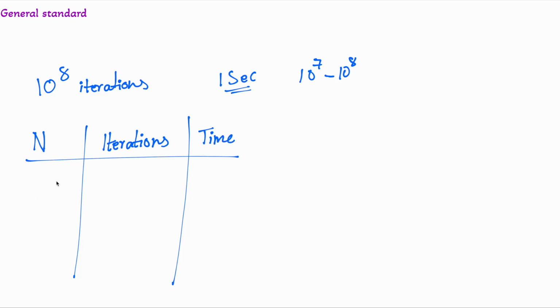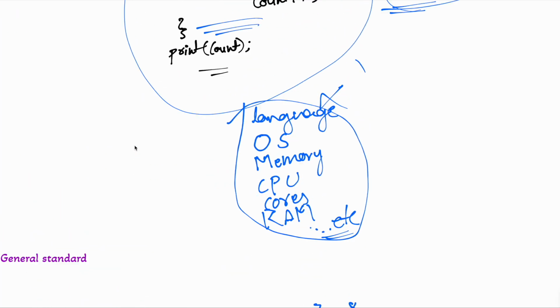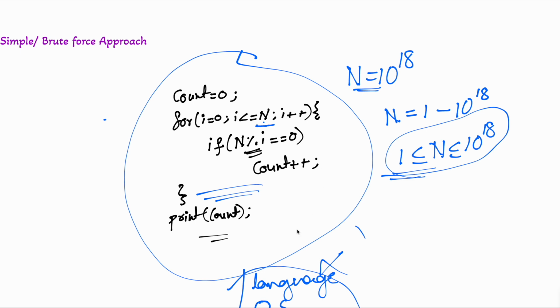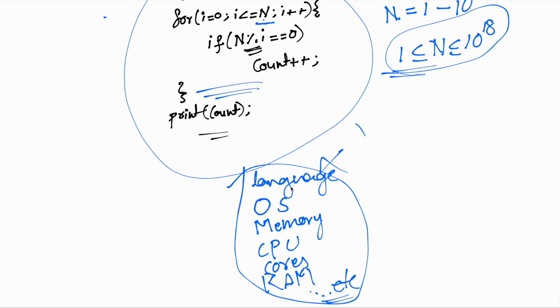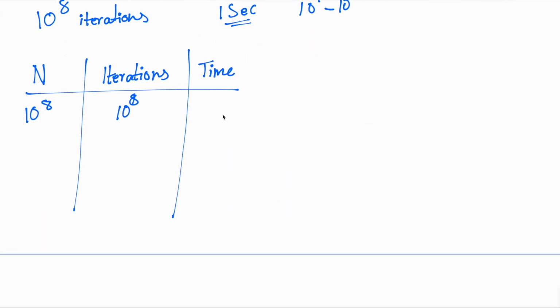Okay, so in this case, for input size, if n is 10 power 8, our iterations are also 10 power 8, because we run our loop n times. If the given number is n, we run our loop n times. And the time is 1 second as per the standard.